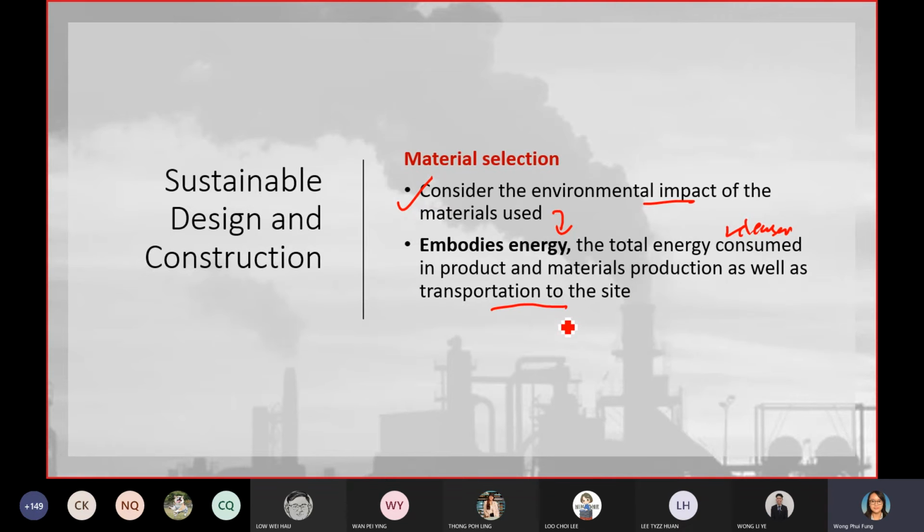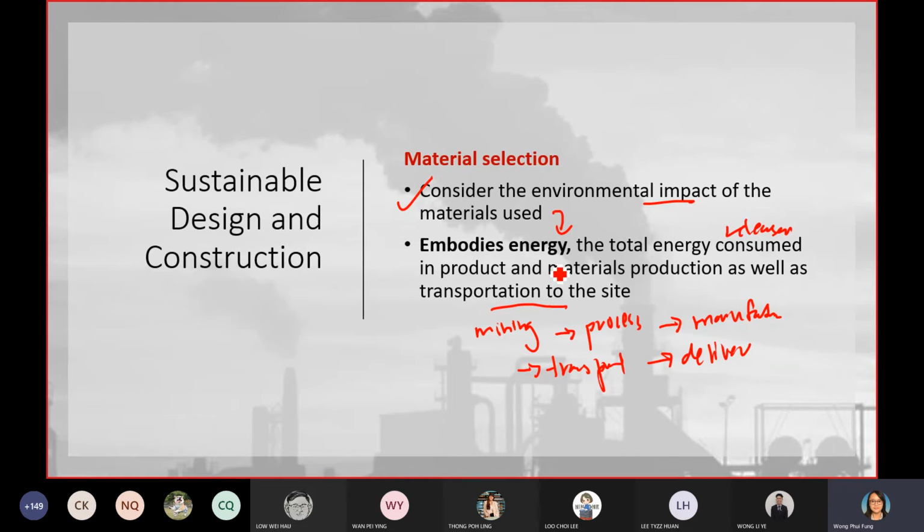So which means that it calculates the energy consumption from the day you mine, process at the factory, or manufacture them, and then you transport and deliver.